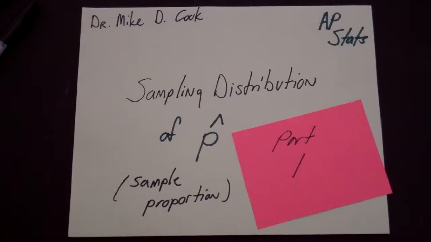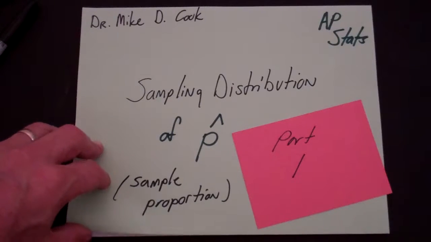This is the first in a series of videos on the sampling distribution of p-hat, or what we call the sample proportion. In particular, let's look at a particular type of situation.